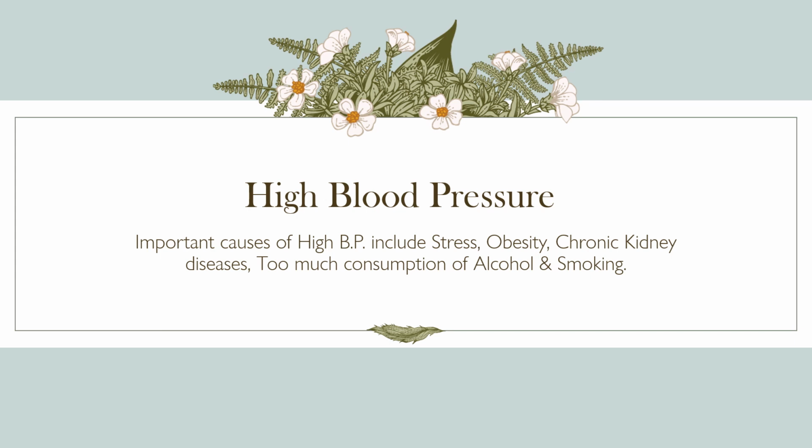So important causes of high blood pressure include stress, obesity, chronic kidney diseases, too much consumption of alcohol and smoking. So these are the important causes of high blood pressure. And so we'll discuss the plants that are used against or to reduce the high blood pressure.